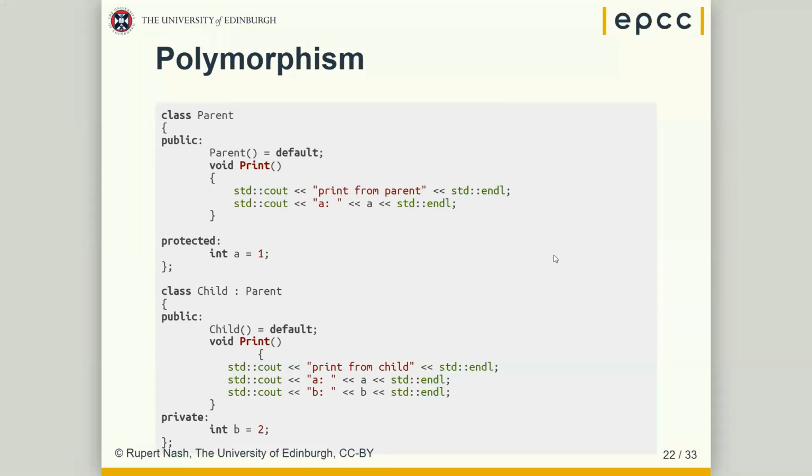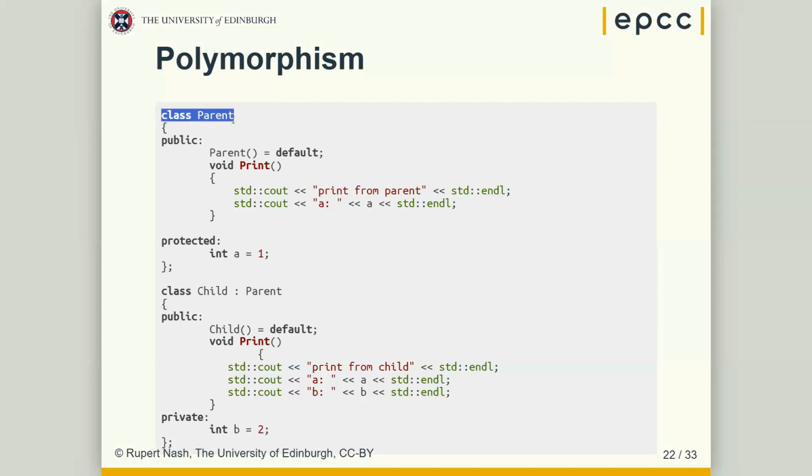So, polymorphism. What if we want to overload certain operations in derived classes? We might not want to inherit all the functionality. We might want to change some of the functionality of the class we've inherited from.